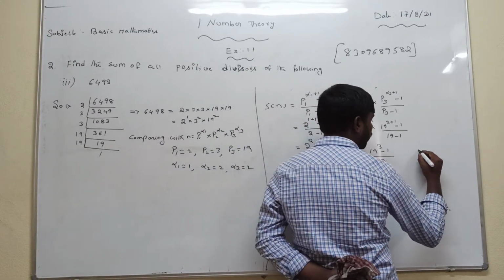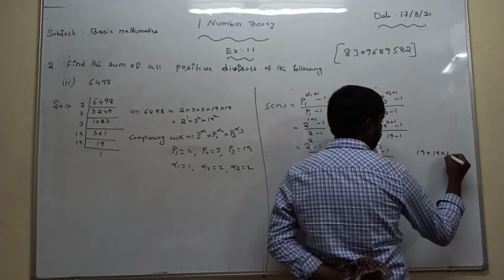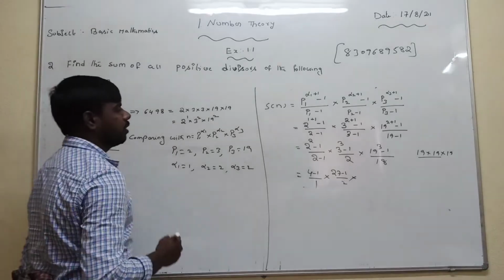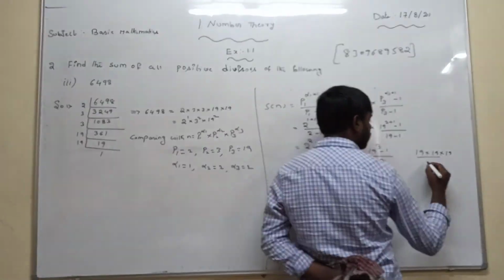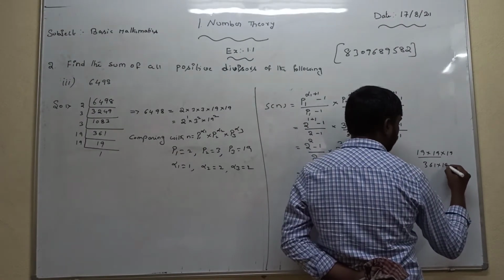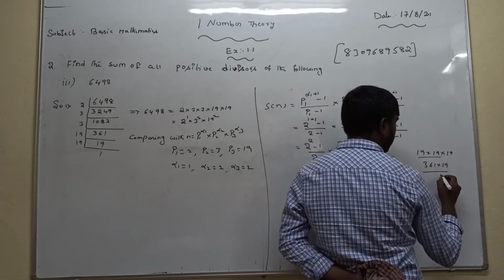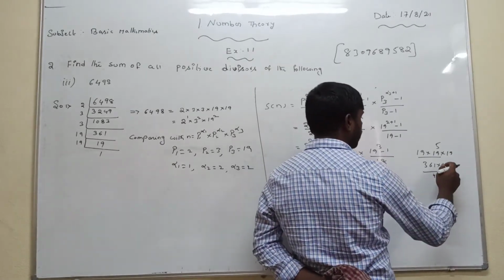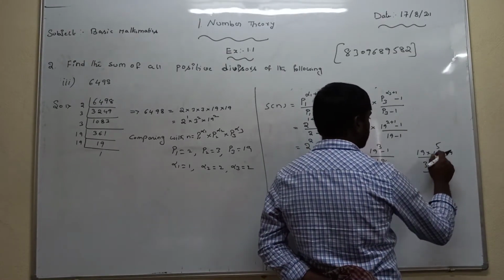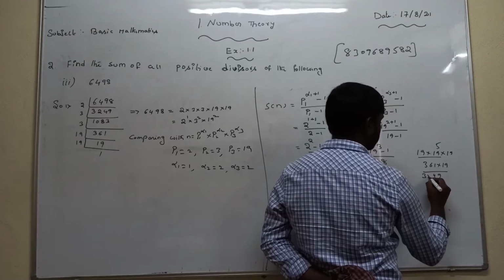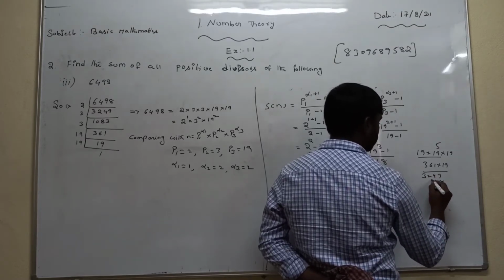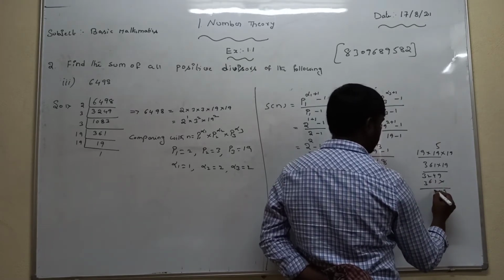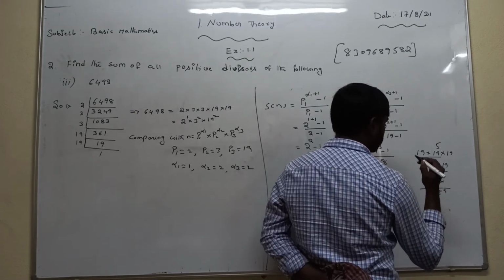So what is the 19 cube value? 19 into 19 into 19. 19 into 19 is 361. Now 361 into 19: 9 ones are 9, 9 sixes are 54, the left is 5, 9 threes are 27, 27 plus 5 is 32, and so on.